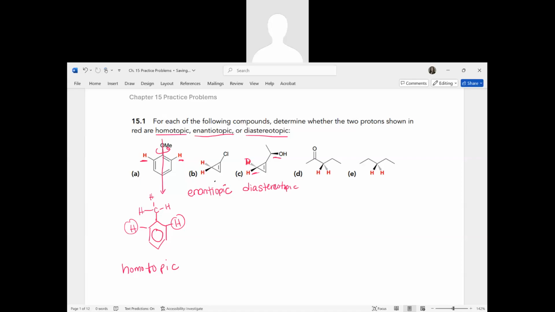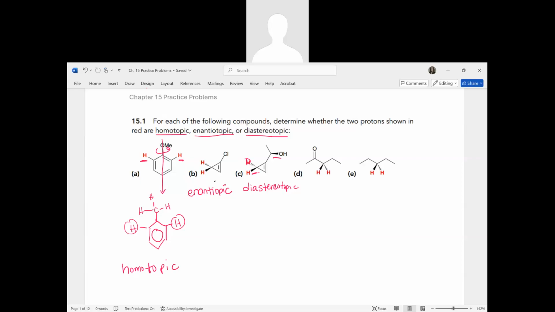Now, let's take a look at our compound D here, and using these same analysis methods, we would determine whether or not we have an axis of rotation, or if we have a plane of symmetry. We do not have any rotational symmetry, so we could rule out that these are homotopic, but there is a reflectional plane of symmetry.